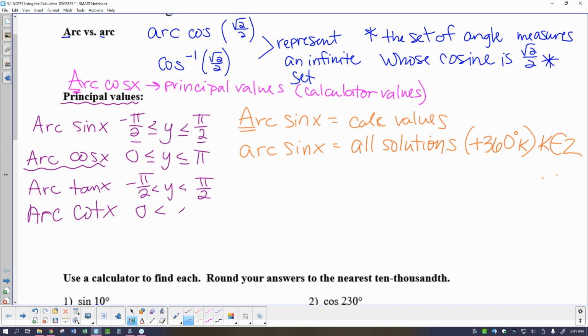Again, limiting the values so that it is a function. The inverse of sine, inverse of cosine, or what have you, is actually a function when you graph the inverse. And I mean, this kind of makes sense too. When we talked about secant in the last chapter, that was the inverse of cosine. And similarly with cosecant.